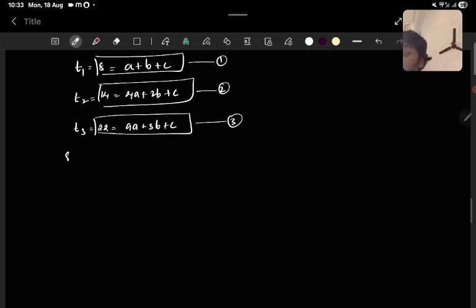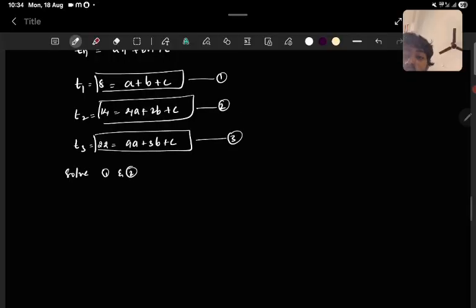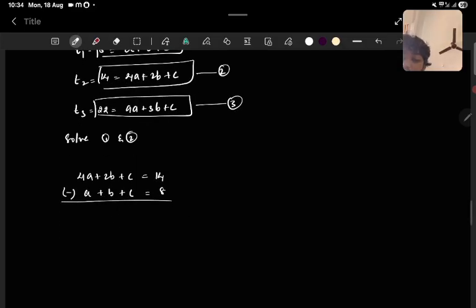Solve 1 and 2. We'll get it as 4A plus 2B plus C is equal to 14, and A plus B plus C is equal to 8. Subtract it. We'll get what, beta?